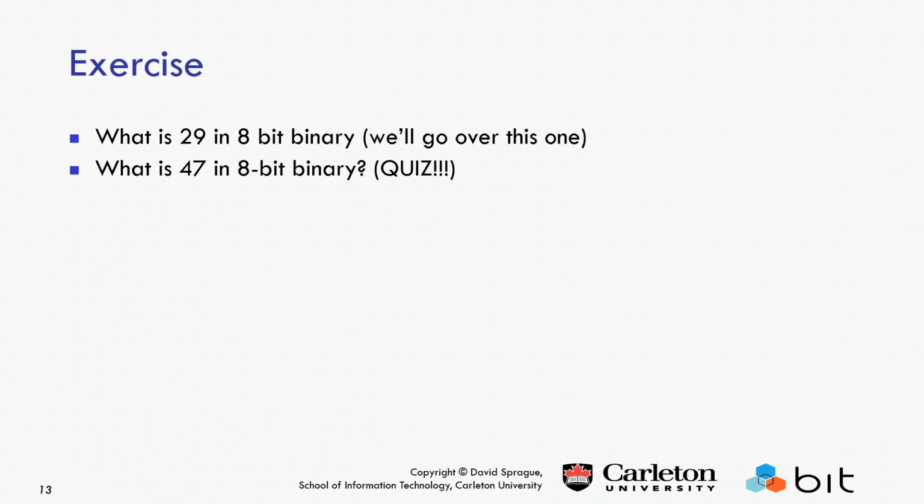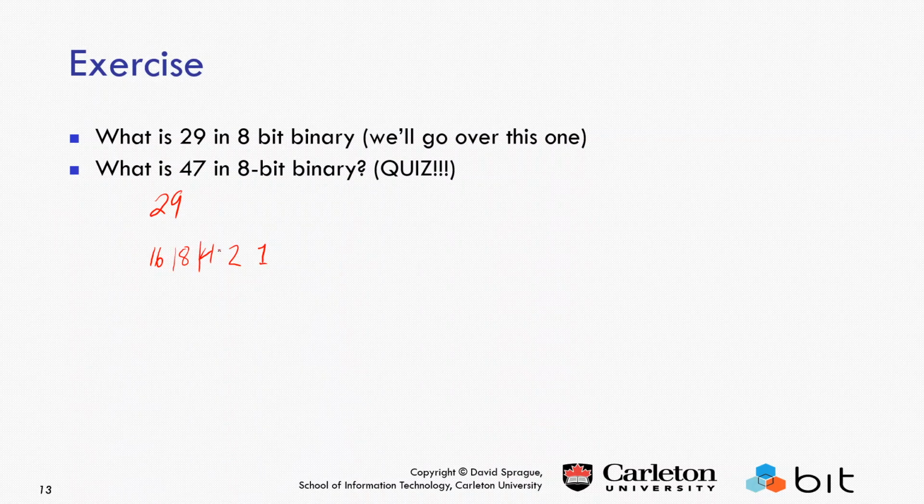So let's try 29 the other way. So 29, what's the next power of 2 that is less than 29? That's actually 16. The next one up is 32. So 16 is the number that we're looking for. So we have 2 to the power of 4 is equal to 16, right? 16, 8, 4, 2, 1.